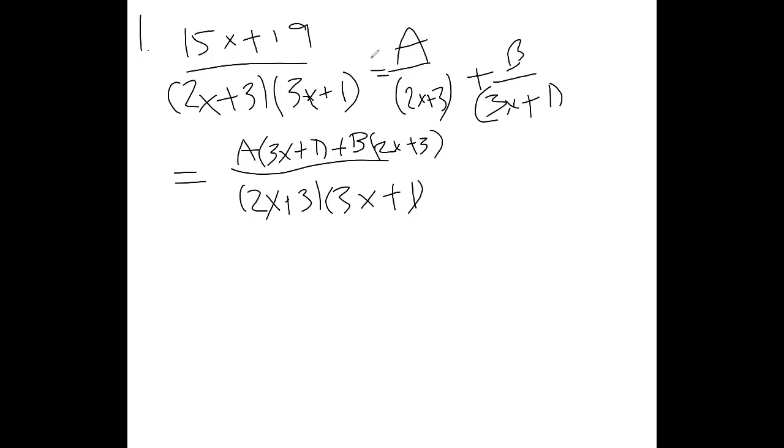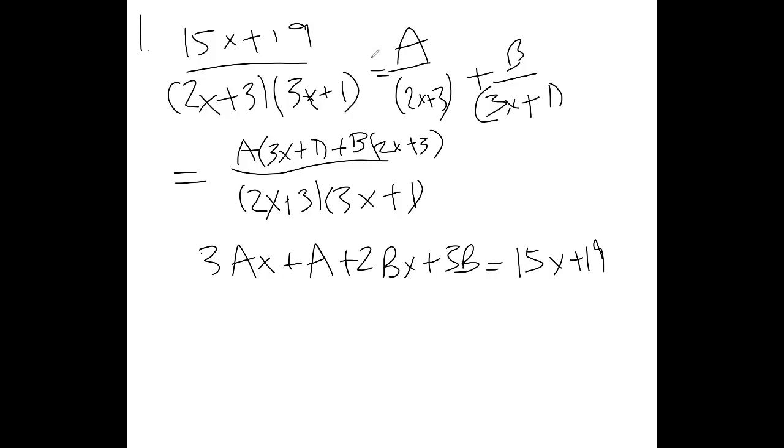So the numerator is 3ax plus a plus 2bx plus 3b, and this is equal to 15x plus 19. So instead of the x coefficient being 0 in this case, we have 15. So we have 3a plus 2b as 15, and a plus 3b, which is 19.